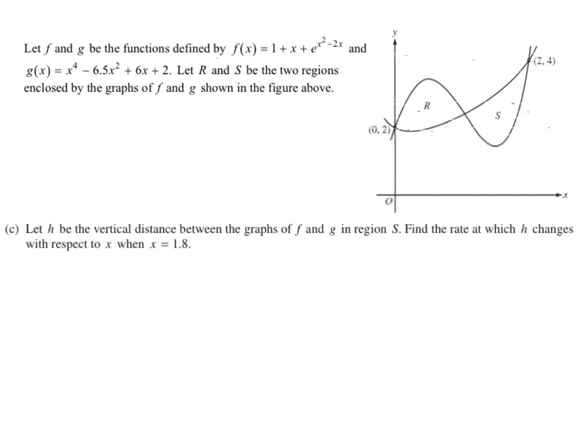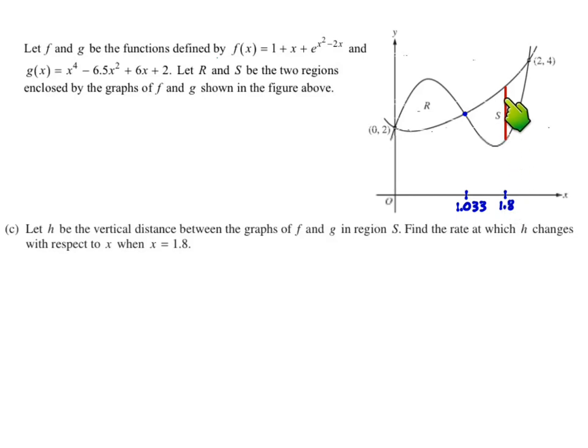All right, for part C, it says let h be the vertical distance between f and g in region S. So h represents the vertical distance between these two curves within this region. We are looking for the rate of the vertical distance when x equals 1.8.